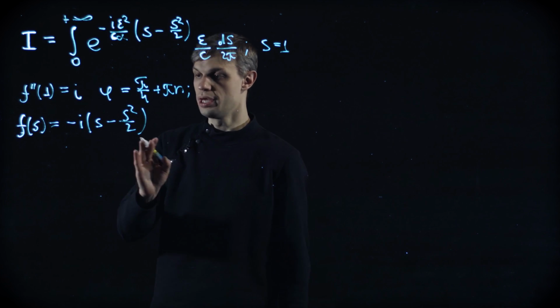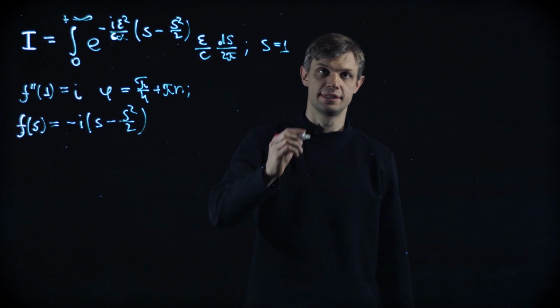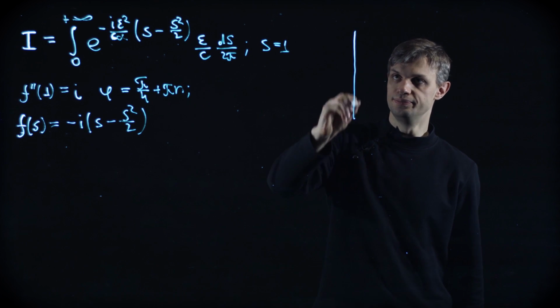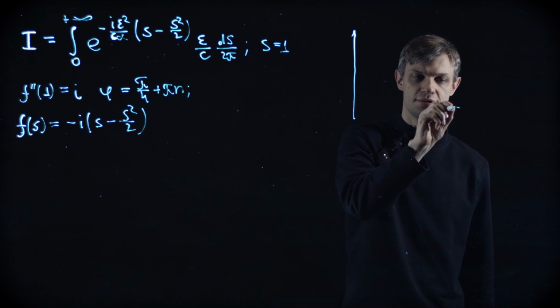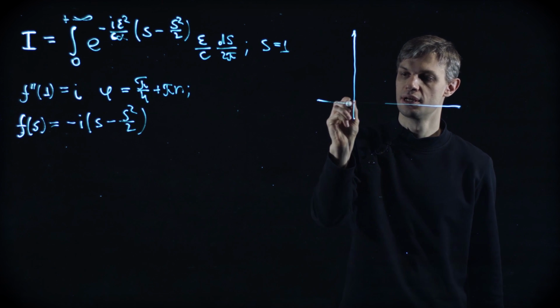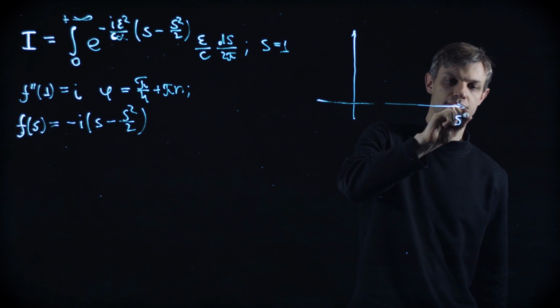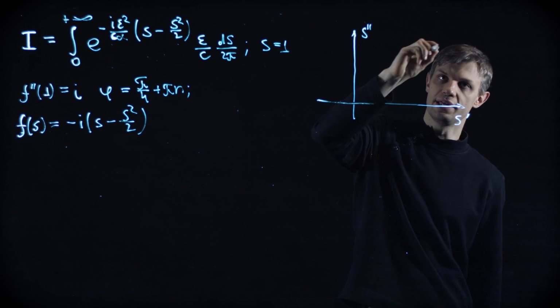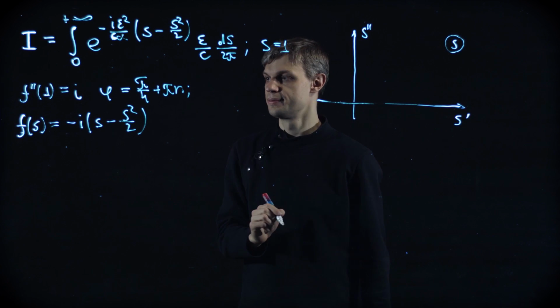So now we are ready to use our saddle point technique. We got this steepest descent direction. So what we need now is to draw the complex plane for our integration variable s.